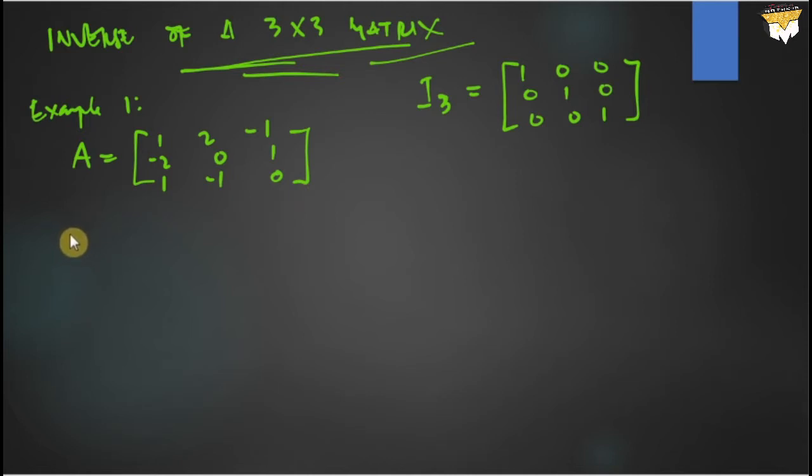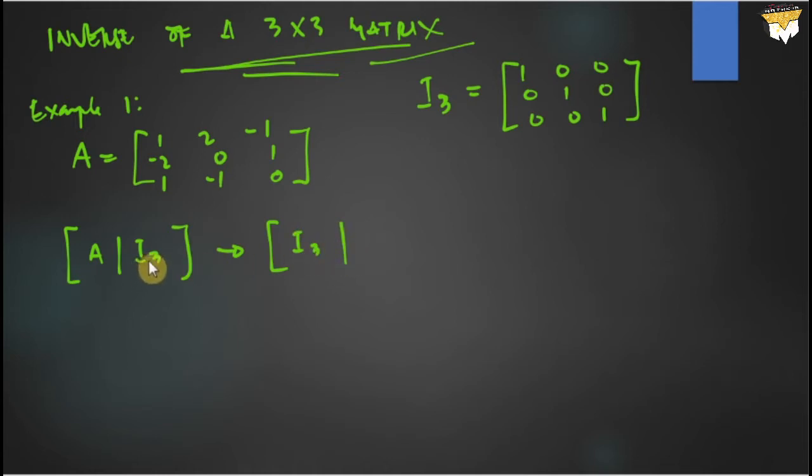So, we will have the augmented matrix as A and the identity matrix. So, if we're going to work hand in hand with this, performing the row operations, we are going to arrive at the inverse. Mapapalitan ito. So, for example, this A here will be replaced by the identity matrix.